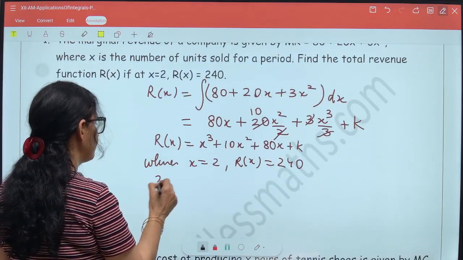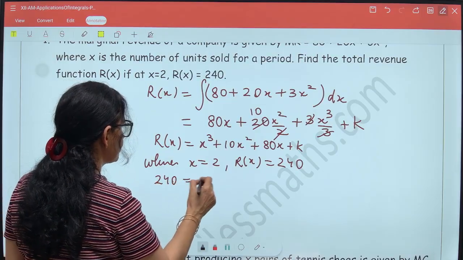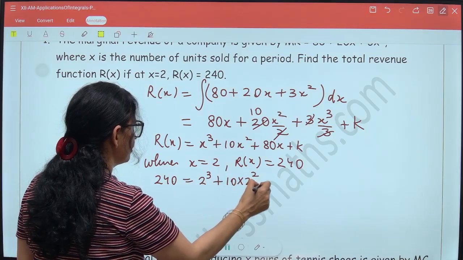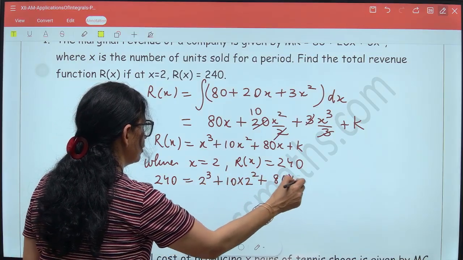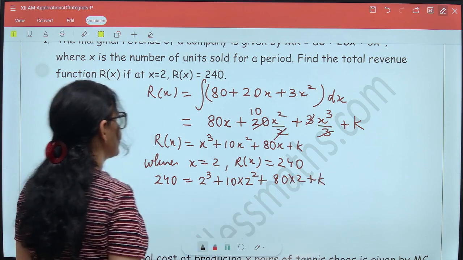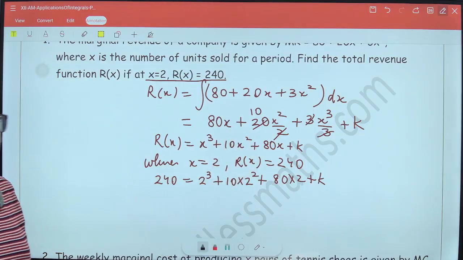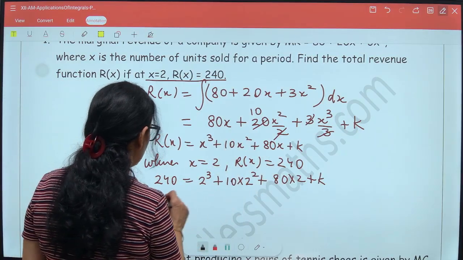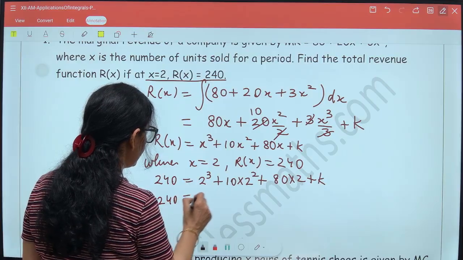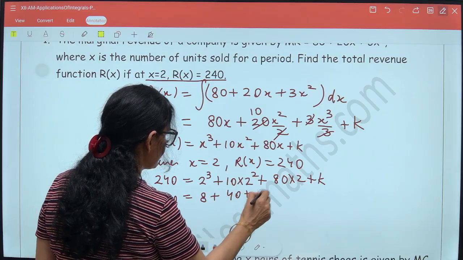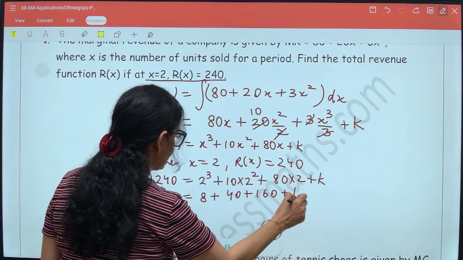So that means when we put these values, 240 becomes equal to 2³ + 10 × 2² + 80 × 2 + k. So these conditions present in the question help you to find the value of the integration constant. So 240 is equal to 8 + 40 + 160 + k.